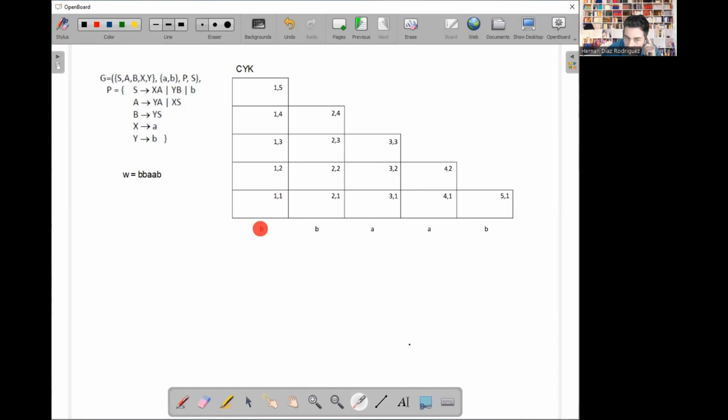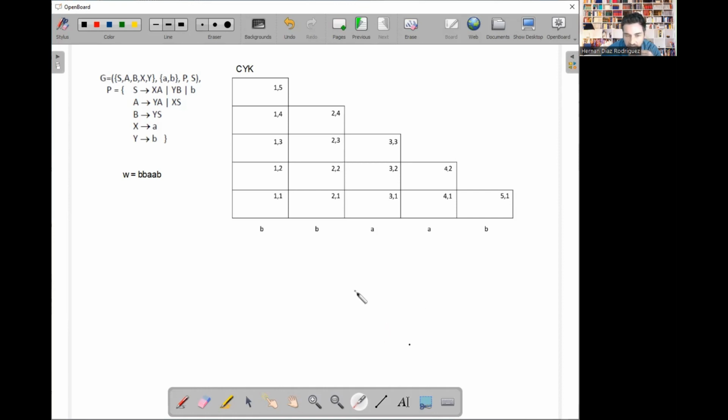So here I'm taking 1 character. In this cell, I'm taking 2 characters, and so on. So when I reach the top, if I put myself in the first position, this will derive or generate 5 characters, right? So it's the full word. That's why if I have the initial symbol here, it means that I will produce the full word, and this word will belong to the grammar.